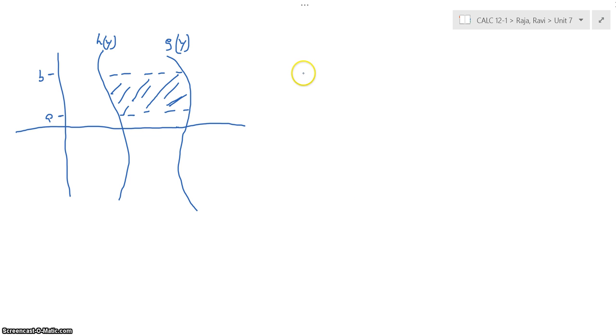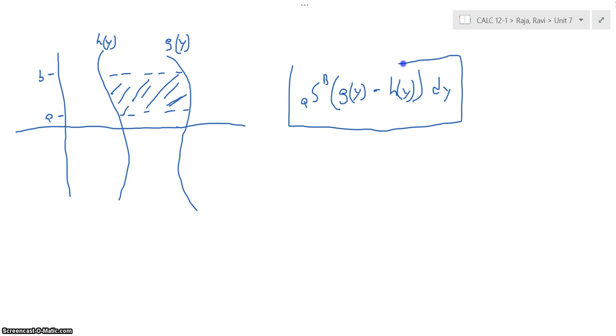It is the integral from A to B of g of y minus h of y dy. In this case, instead of being the top graph always minus the bottom graph, it is the rightmost graph minus the leftmost graph. So the most positive minus the most negative graph. And that is the equation that we use for it.